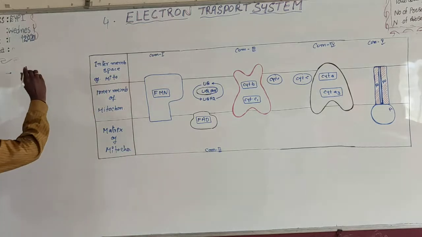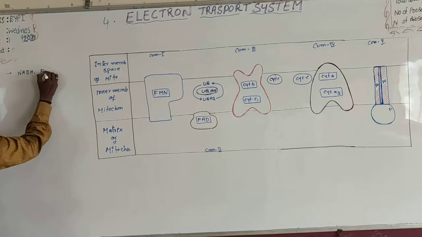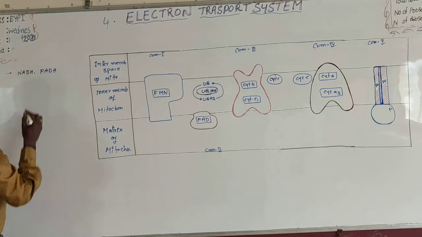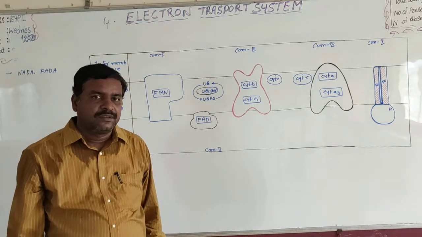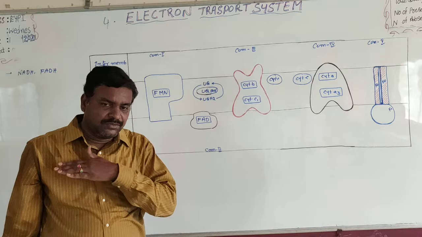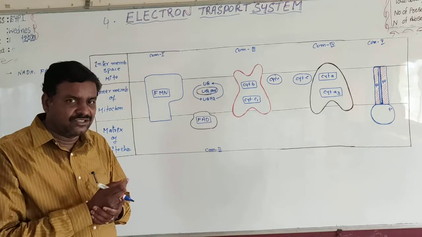Now these coenzymes like NADH and FADH, they undergo oxidation through this electron transport system, and their electrons move from one electron carrier to the next.